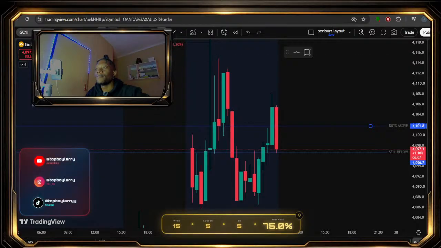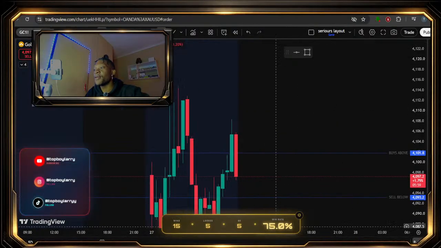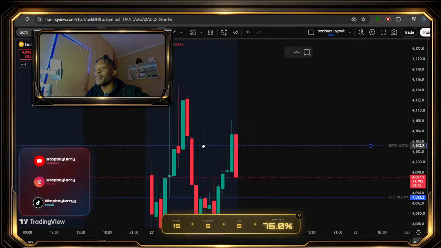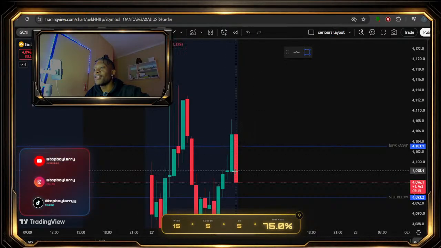But right now we are looking for the fade here. We're looking for a fake out, because price basically already gave us a breakout in this area here. If you look previously here, we do have support, and basically price created a rejection here. So what do we see? We do see a breakout. Price has already given us a breakout in this area here.